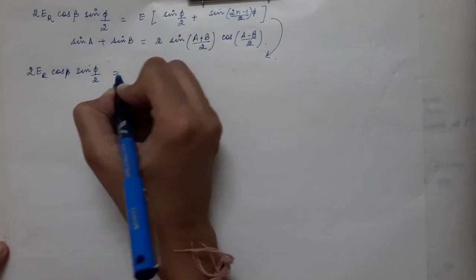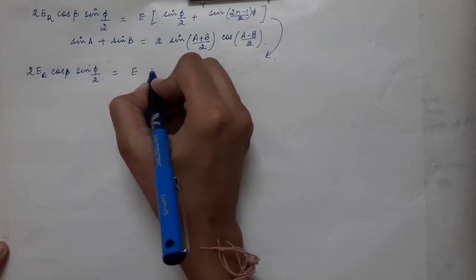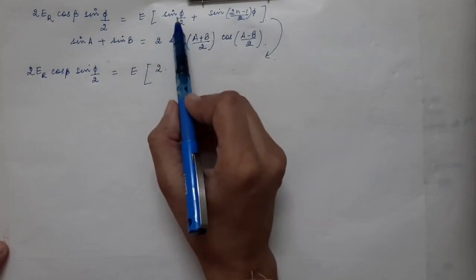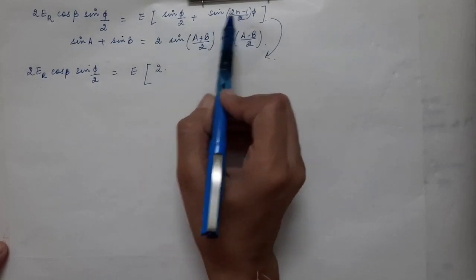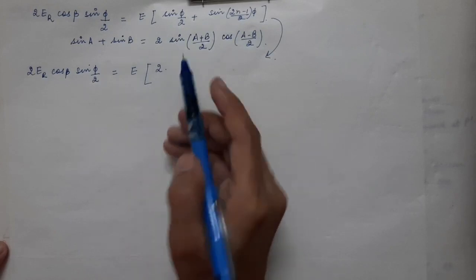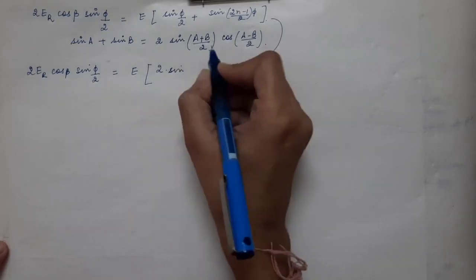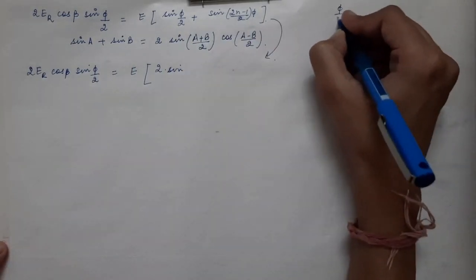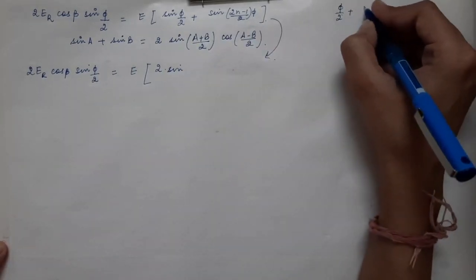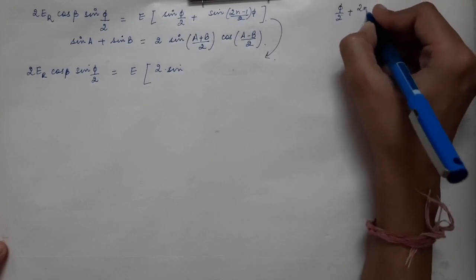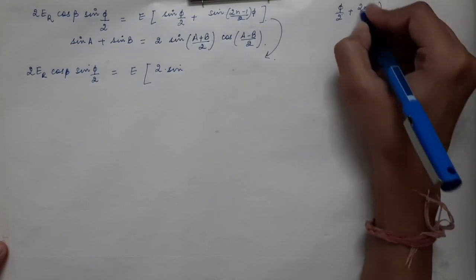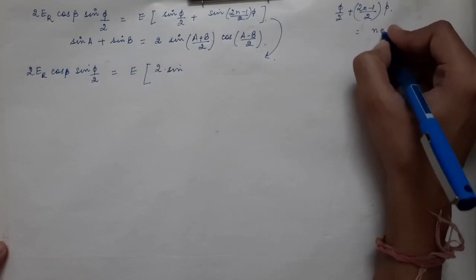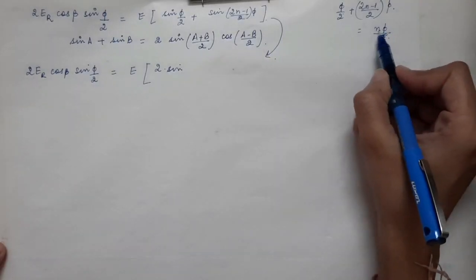That will be equal to E times twice of sine of (a plus b) divided by 2. So a plus b, where b is nothing but (2n minus 1) divided by 2 into phi, will be equal to n times phi.